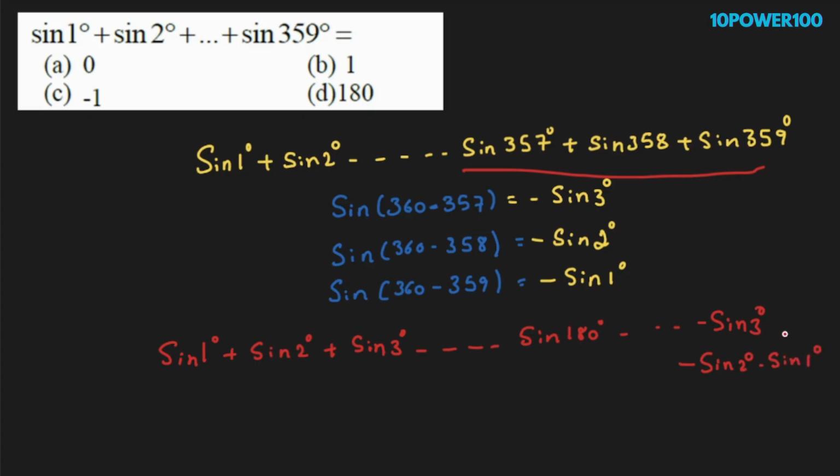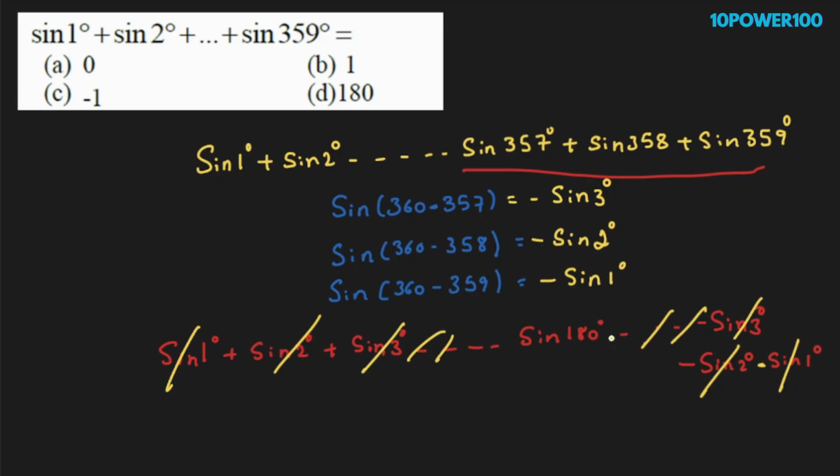There is a continuation; I've just written the next line. If you observe, sine 1 degree minus sine 1 degree cancels out, minus sine 2 degree cancels sine 2 degree, sine 3 with sine 3, sine 4 with sine 4, sine 5 with sine 5.